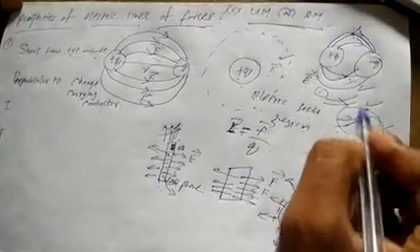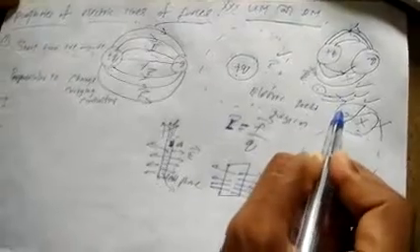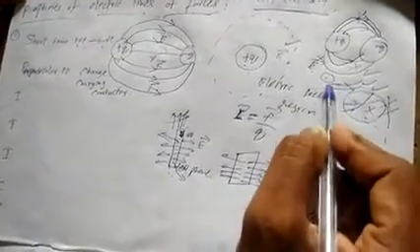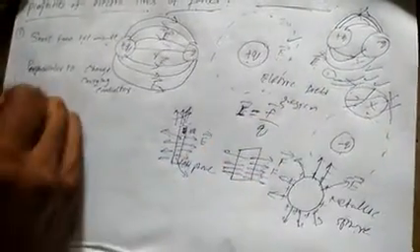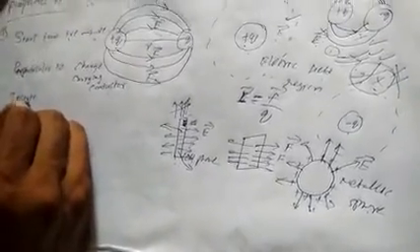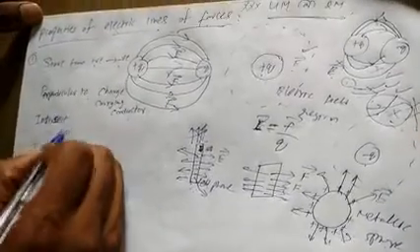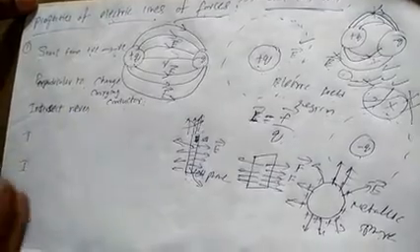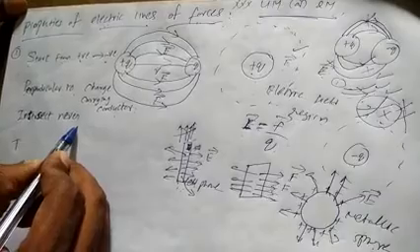This is wrong. This is correct. Okay, got it? All electric field lines pass in their own way. They never intersect.